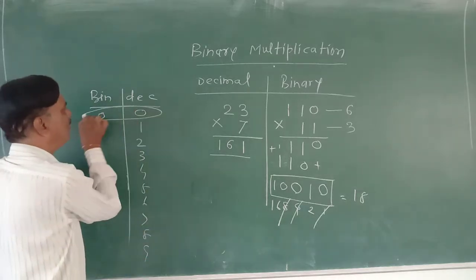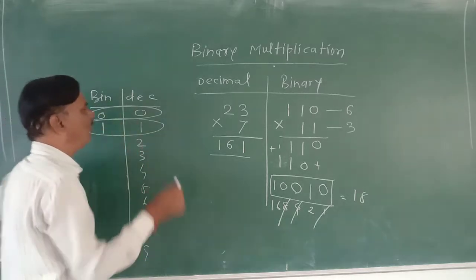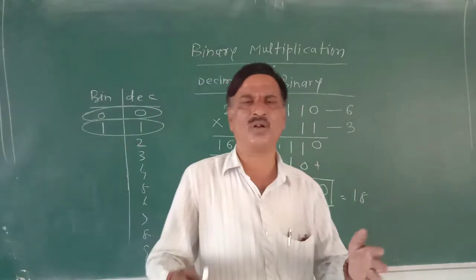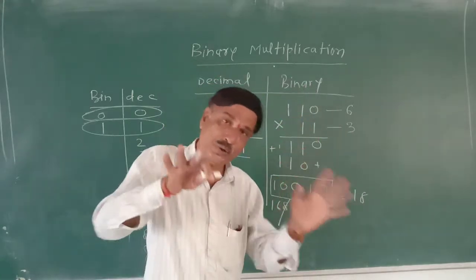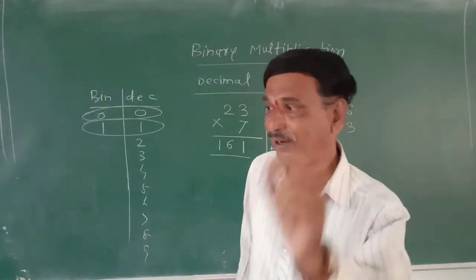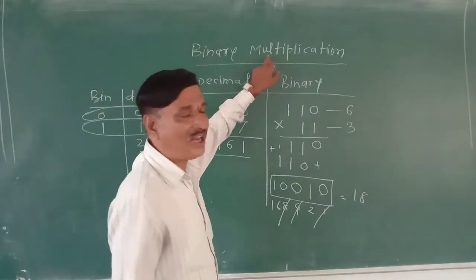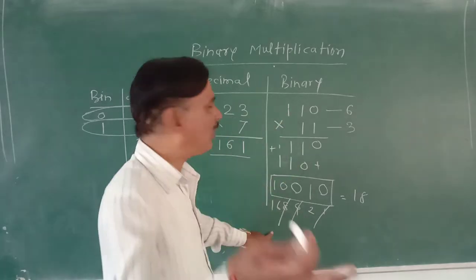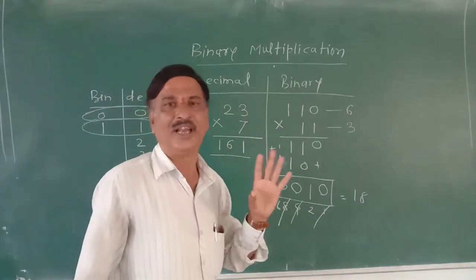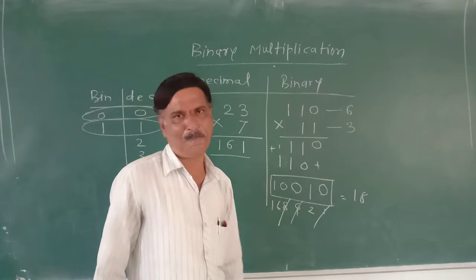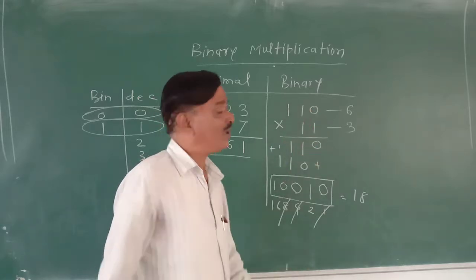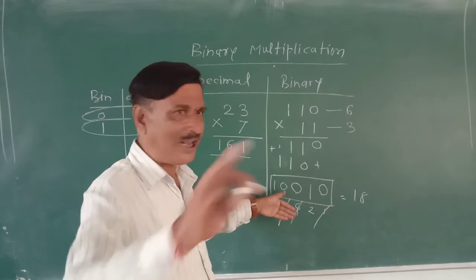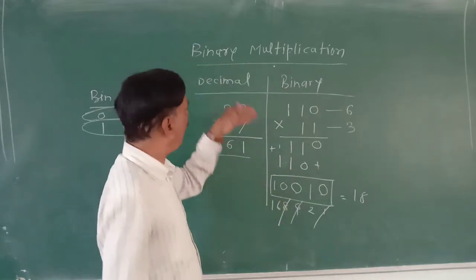But binary 0 and decimal 0 are equivalent, and 1 and 1 are equivalent. So why can't we say this method is wrong? Actually, this is the right method, we can do this. But we performed binary multiplication on the ground of the technique of the decimal number system, and in this example we did the same.